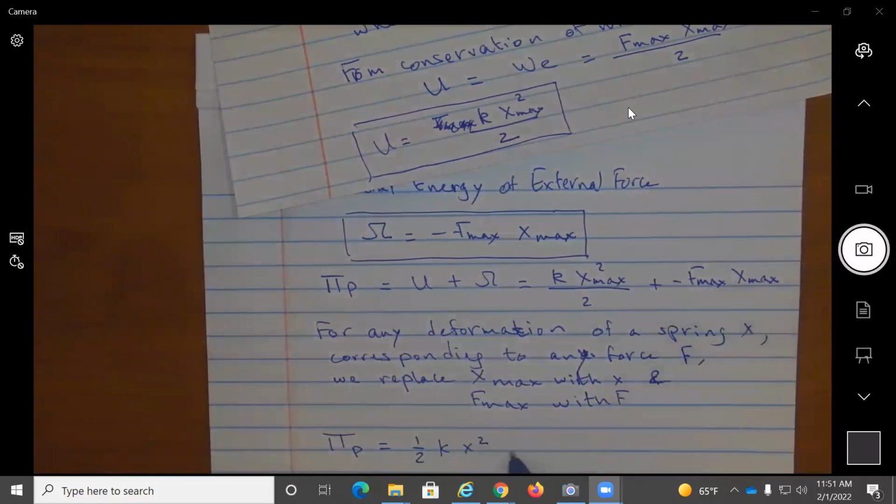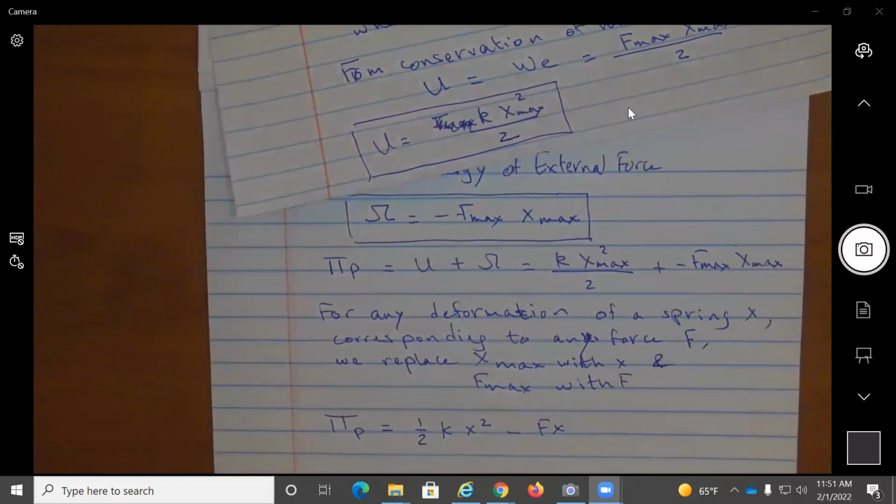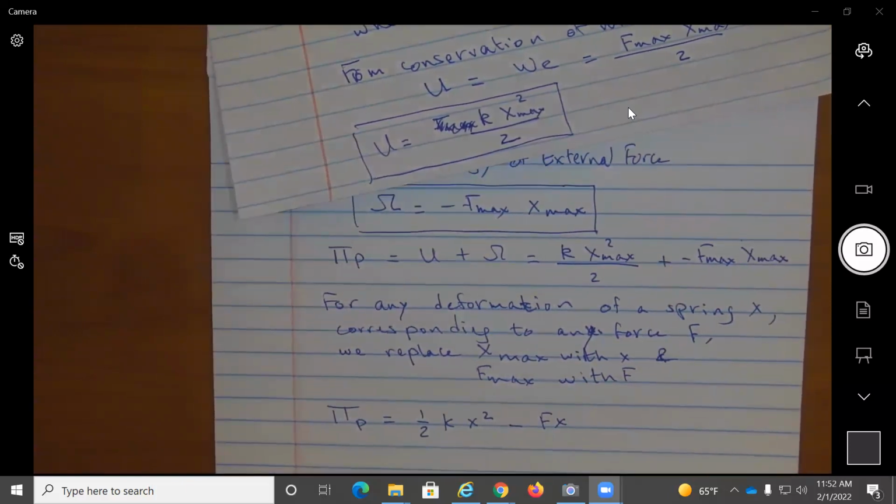And here I have a minus. I'm going to replace F max with an F and X max with an X. So I have an expression of total potential energy in terms of X.